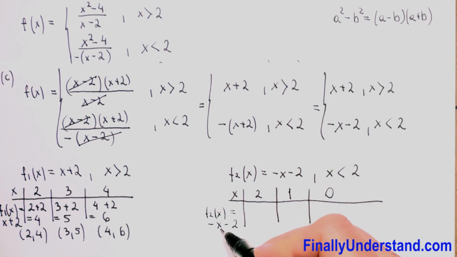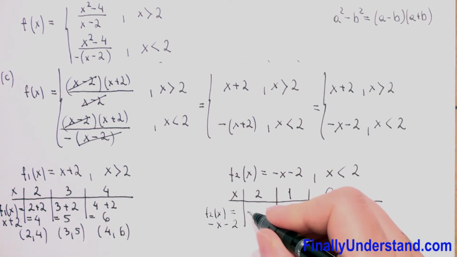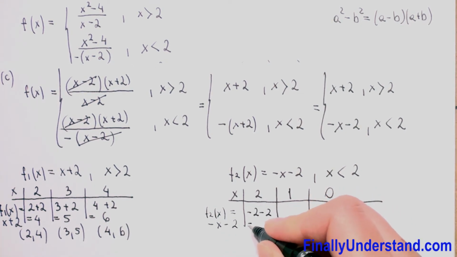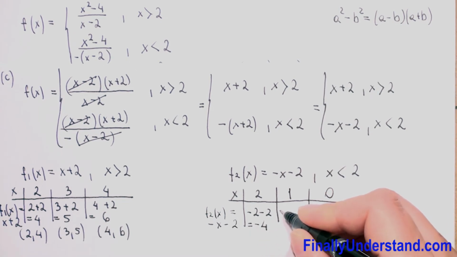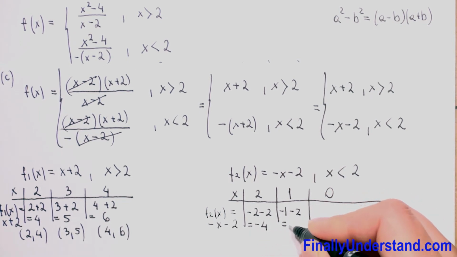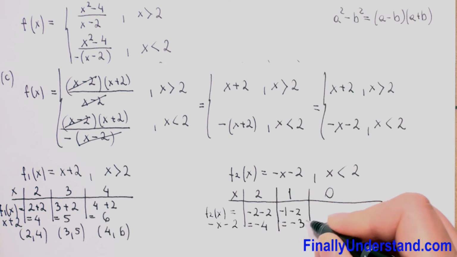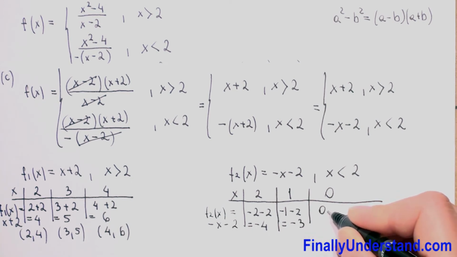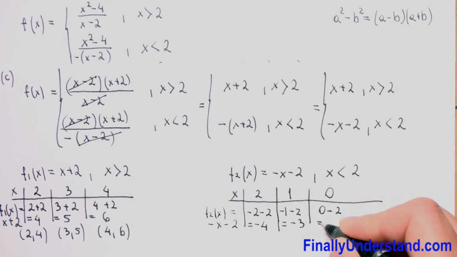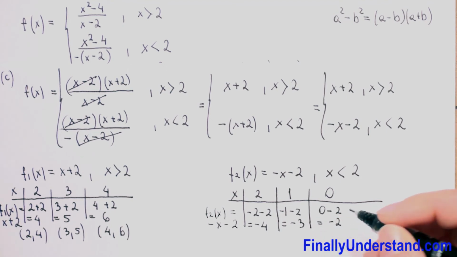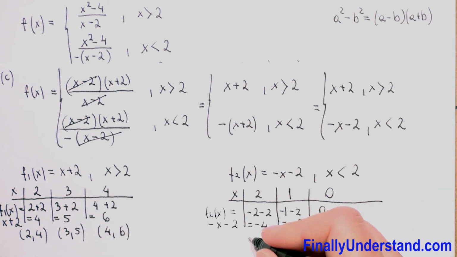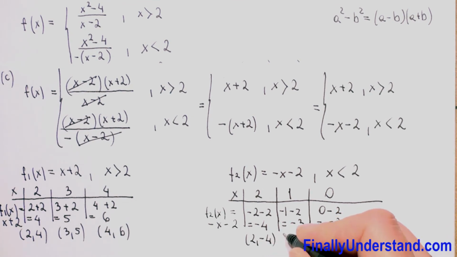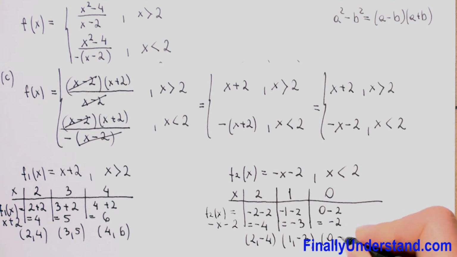So now I replace x by 2. It will be negative 2 minus 2, which is equal to negative 4. Negative 1 minus 2 is equal to negative 3. And 0 minus 2 is equal to negative 2. So we have 3 points: (2, negative 4), (1, negative 3), and (0, negative 2).